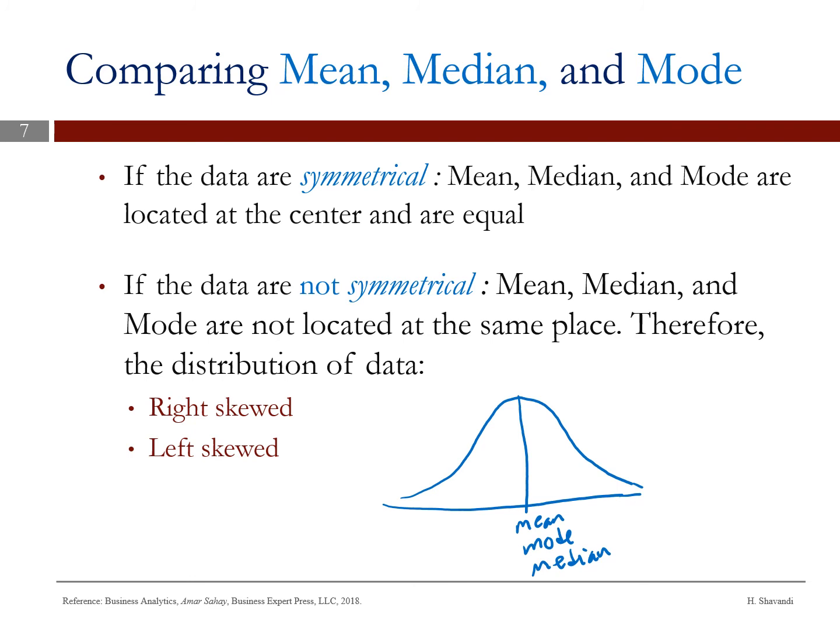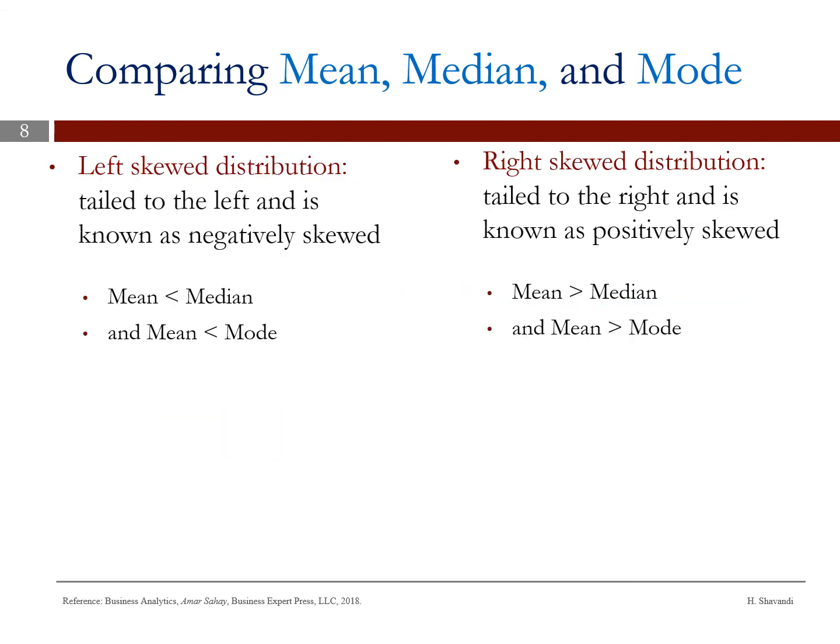They are equal for a symmetrical data set. But when the data are not symmetrical, then the mean, median, and the mode are not located at the same place. So in that case, the shape of our distribution, I mean the distribution of the data, could be right skewed or left skewed. Okay. In the left skewed, we have a shape like this.